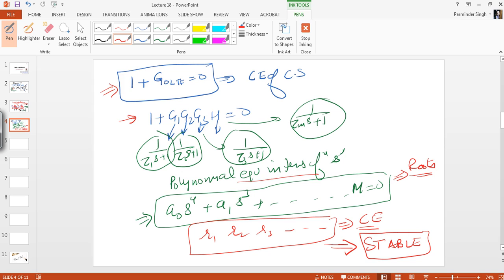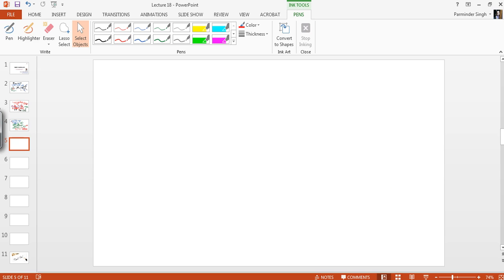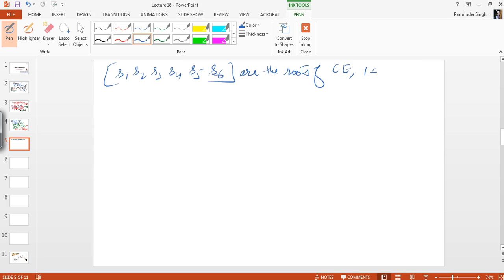How? Let us suppose that S1, S2, S3, S4, S5 and S6 are the roots of the characteristic equation, that is 1 plus g equal to 0, where g is nothing but the product of g1, g2, g3 and h.